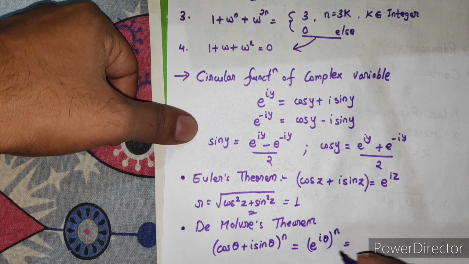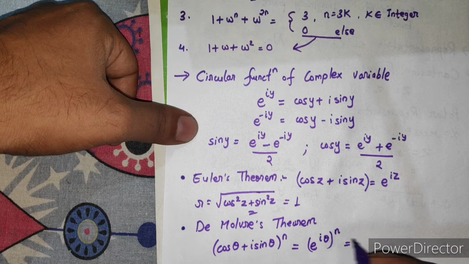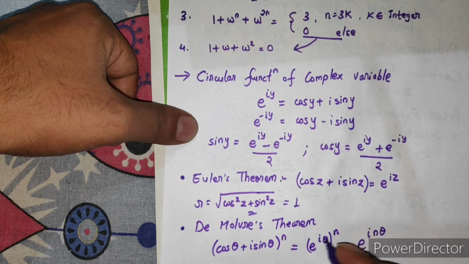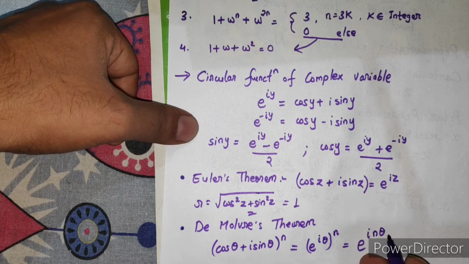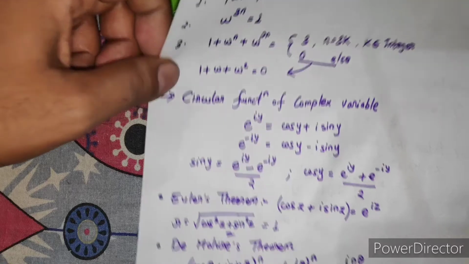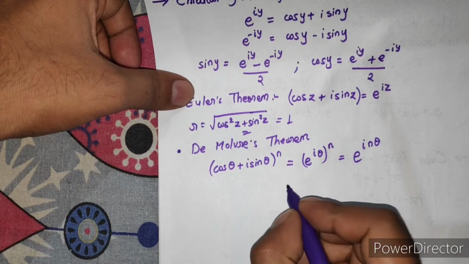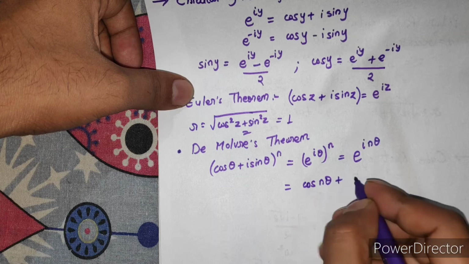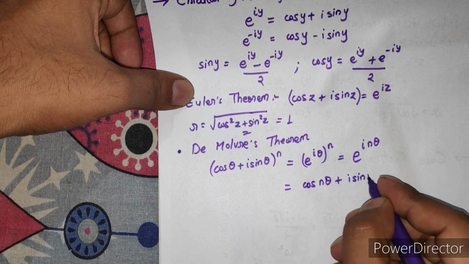Hence we know the exponential operation, that this can be written as e to the power i n theta, because the powers get multiplied. So in theta we obtained n theta, so this will be further written as cos n theta plus i sin n theta.